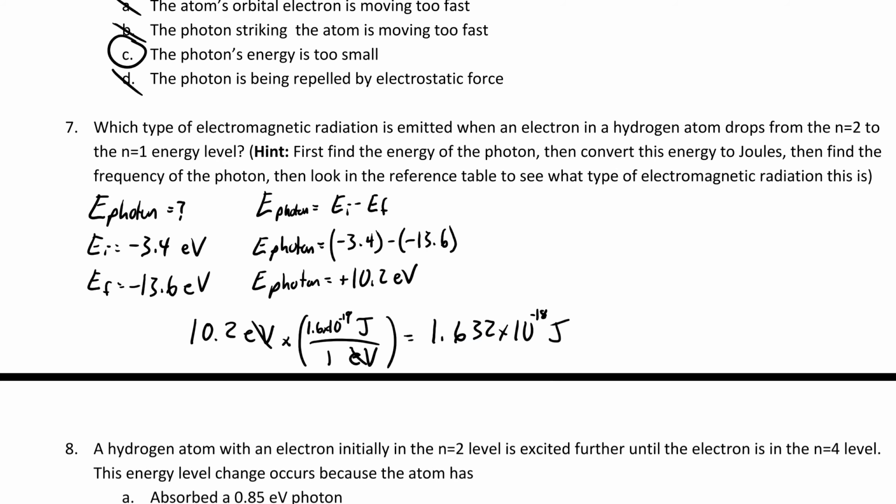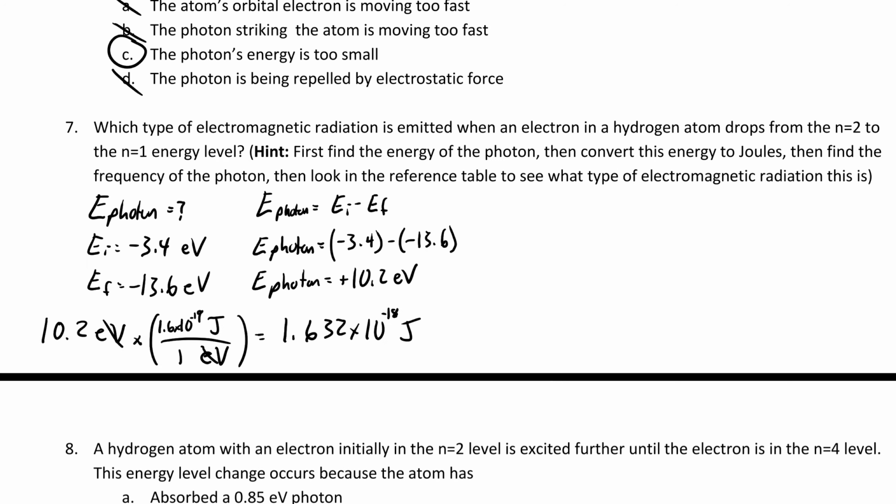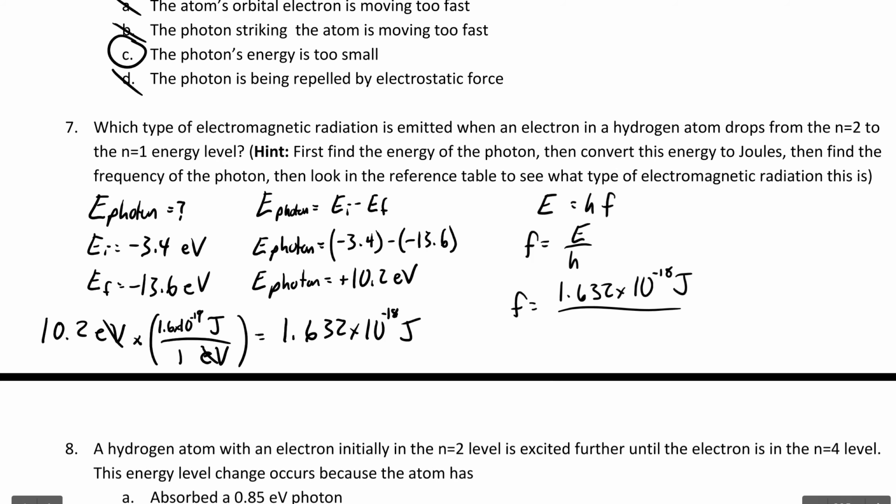Now that we know the energy in terms of joules, we can use the formula E is equal to hf, and we're going to solve for f. So f is equal to the energy divided by Planck's constant. The energy in terms of joules is 1.632 times 10 to the negative 18 joules divided by 6.63 times 10 to the negative 34 joule seconds.